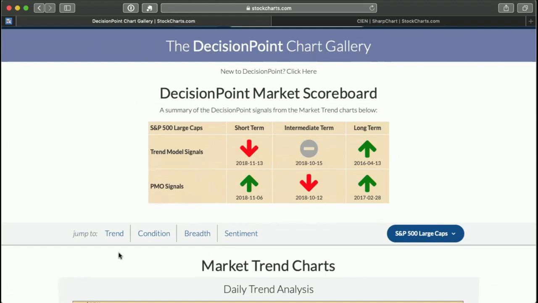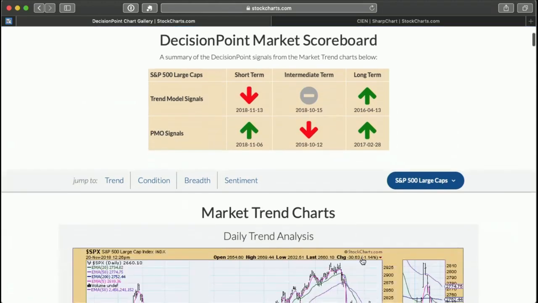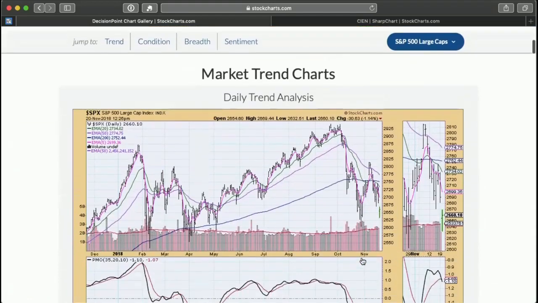I did my workshop two weeks ago on trend and condition analysis, so I recommend you look at the Market Watchers live show from that date, or you might be able to find it on our YouTube channel as well. You might want to take a peek at that. So here we go. Let's look at the S&P 500 and how you can use the Decision Point chart gallery.